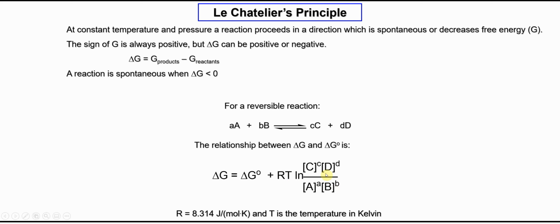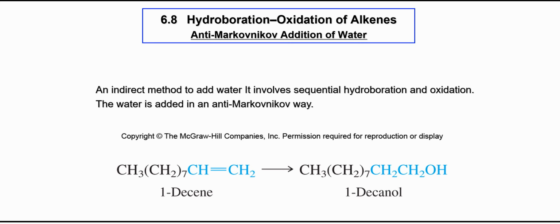If this equilibrium constant is very large, the forward reaction is favorable, or the forward reaction is complete. Otherwise, if K is very small, the reaction is not favorable, or the reverse reaction is favorable. This is about the addition reactions.